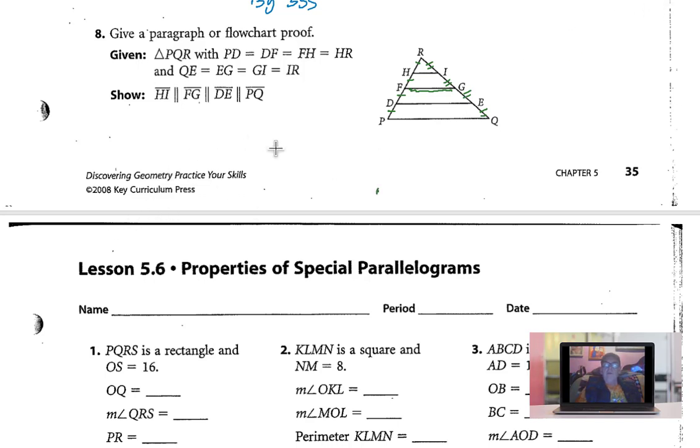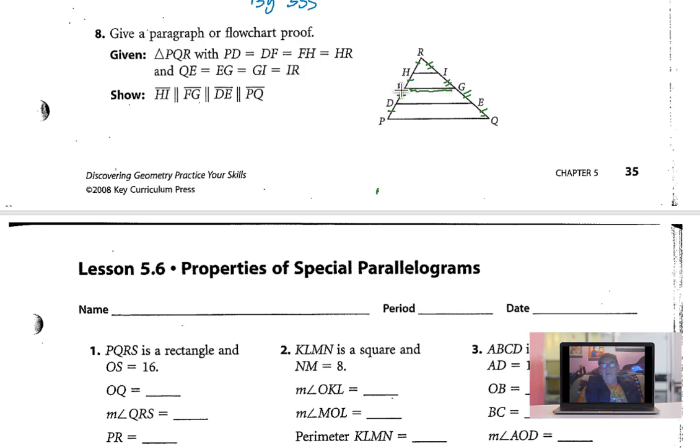Okay, so one way the proof could go is like this. If we focus on this FG segment, we could show that PD and DF are congruent to FH and HR, since those are all congruent segments, as are RI and IG together with GE and EQ.